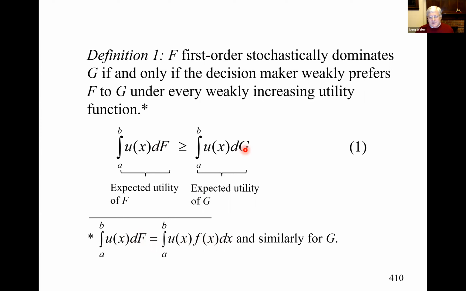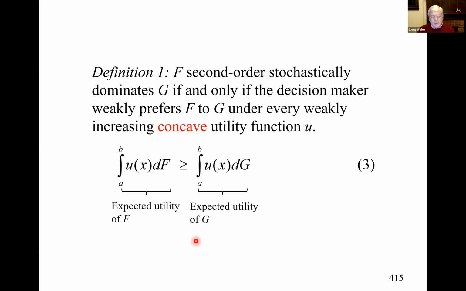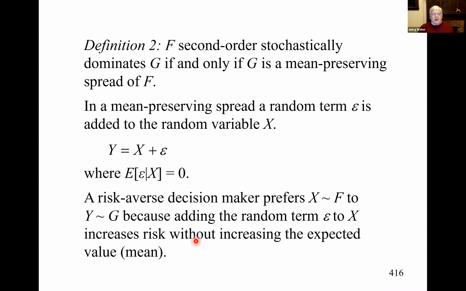And the same thing for the G. That's just how you write down expected values in statistics when you use integrals. Integrals are just sums. You sum up each utility outcome, you multiply by its probability, and you sum it up, and then you have the expected value. Okay, this was the first definition.